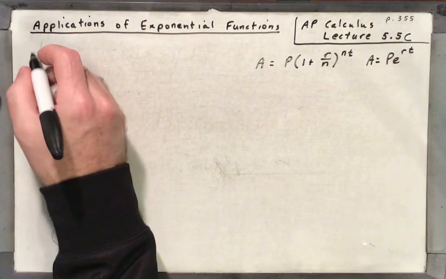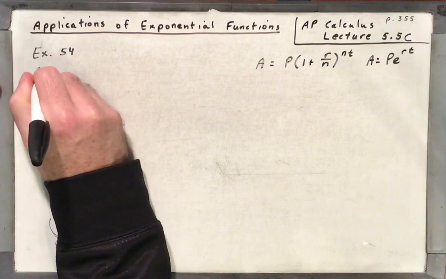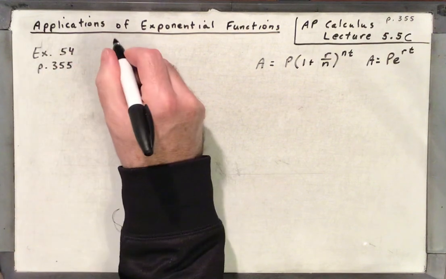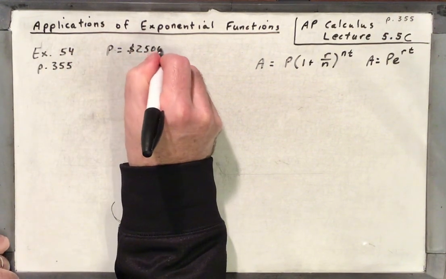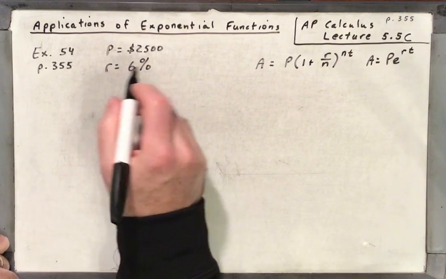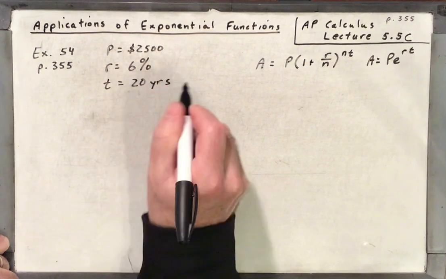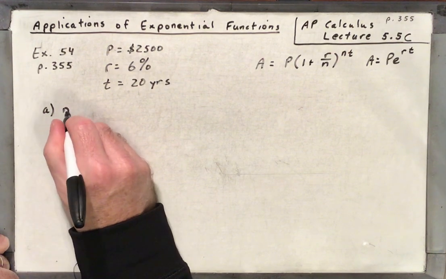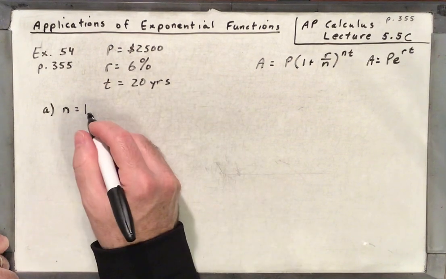All right, so example 54 on page 355. Let's write down what we know. P is equal to 2,500. R is equal to 6%. And T is 20 years. Part A, we're going to figure out the accumulated or future value for N is equal to 1.